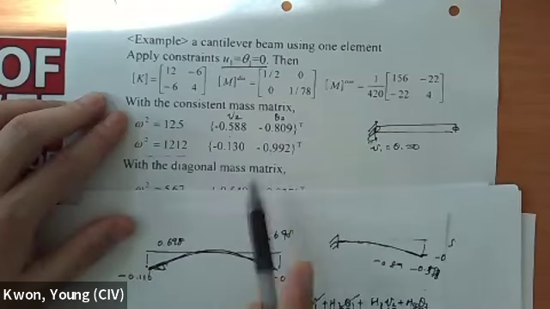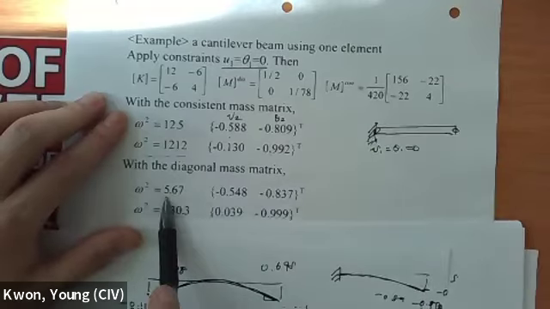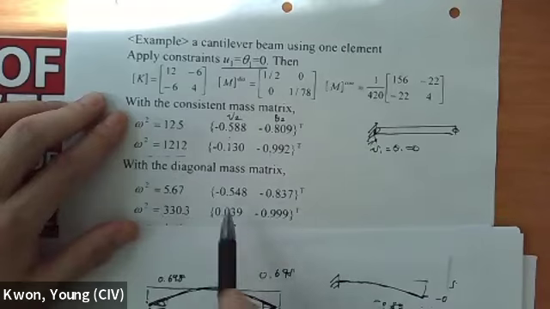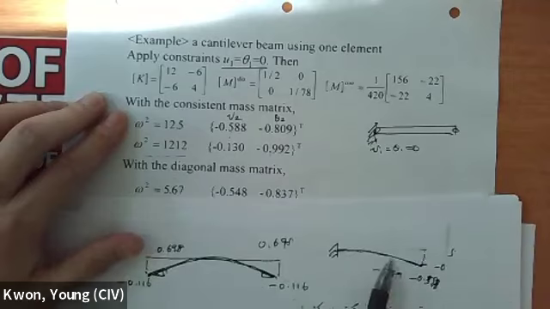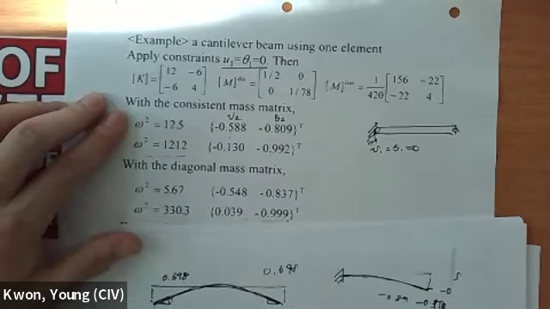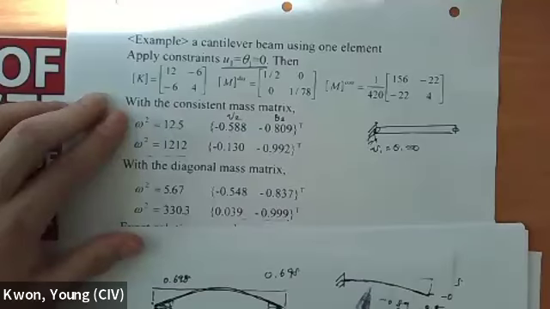And if you use the diagonal mass matrix, you get a little different value. Then the mode shape shown in here is similar to this one and that one. Of course, not identical, but similar. That's what you are going to get, two mode shapes.